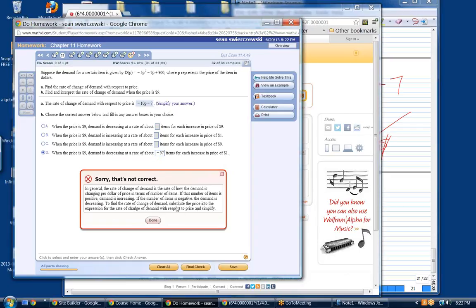To find the rate of change of demand, substitute the price into the expression for the rate of change, which we did. We got minus 97 for each increase in price of 1.